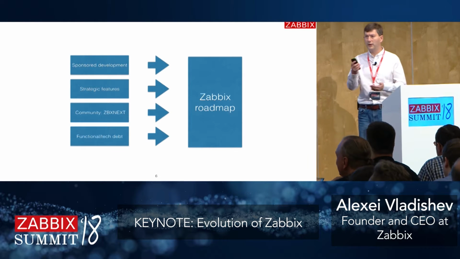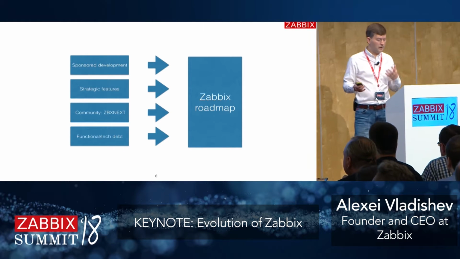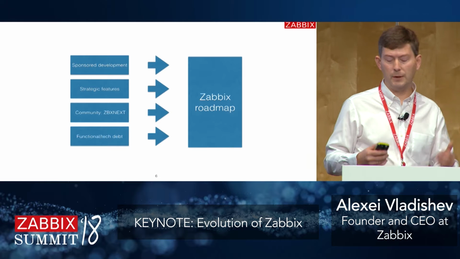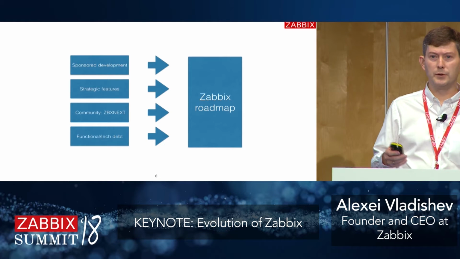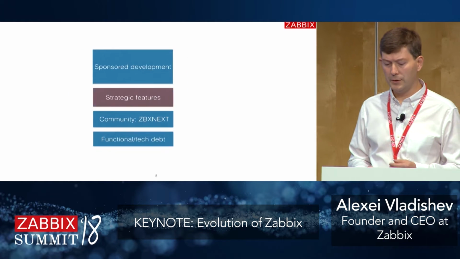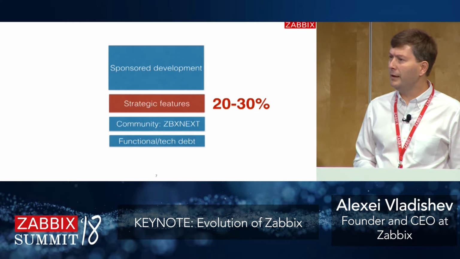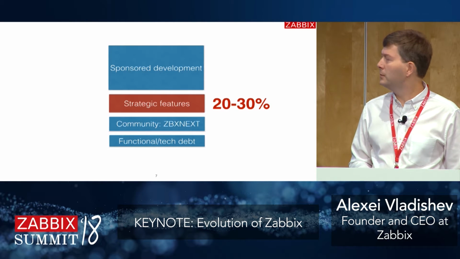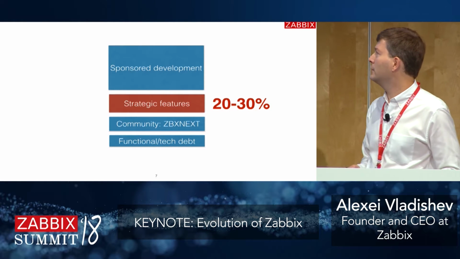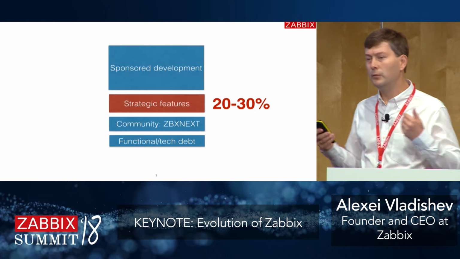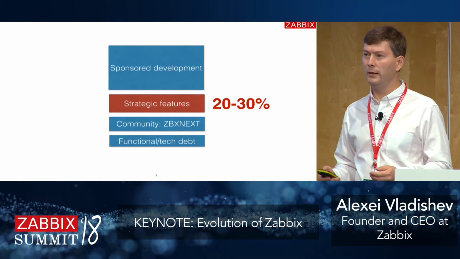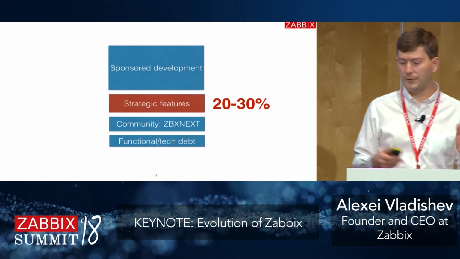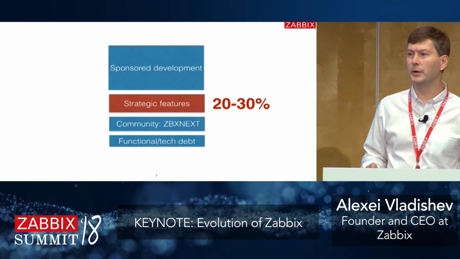We are trying to find a good balance between sponsored development, strategic features, and what we would like to implement for the community. But in many cases, the percentage of strategic features which really move Zabbix forward might be in the range of 20, maybe 30 or 40%.